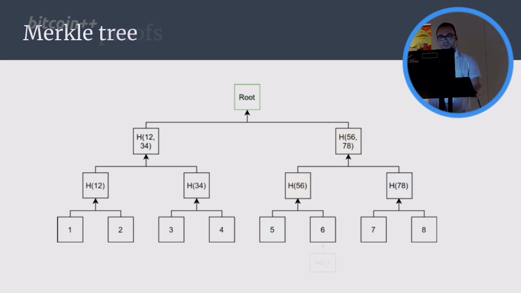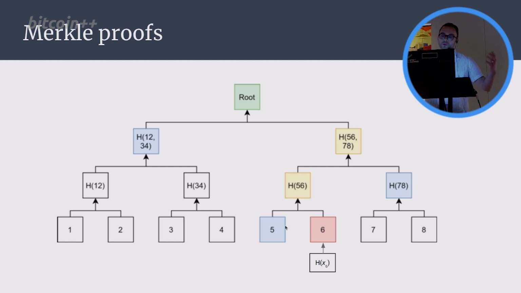And the reason that's interesting is that now, if you want to prove that the value of a certain element, for example the 6th element here, is x6, then the other party just needs the Merkle root, which is what we computed before as the root of the tree. And then if you look at the path from leaf number 6 to the root, you only need all the brothers in this path.